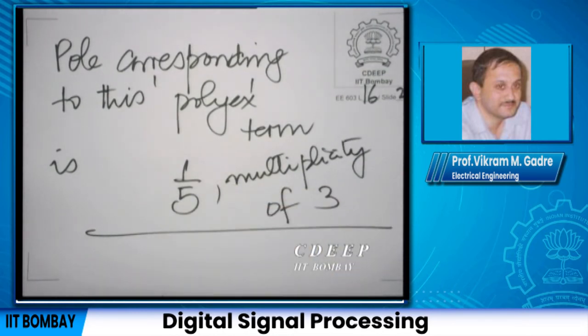That means 1/5 taken 3 times. Why is it taken 3 times? Because there are 3 coefficients in the polynomial. The polynomial is of degree 2, so it has 3 degrees of freedom. The constant part of the polynomial, the first degree part and the second degree part. So, as many as are the degrees of freedom in the polynomial, so many times is that pole repeated.